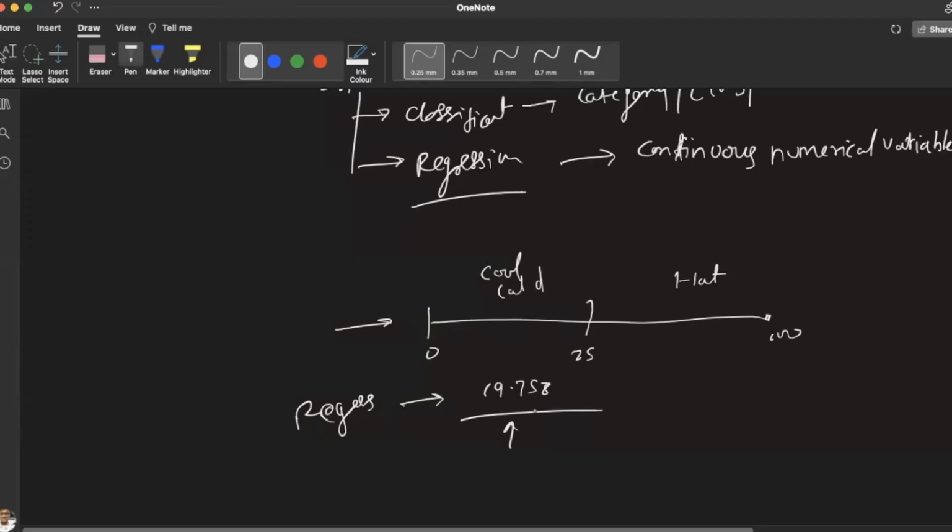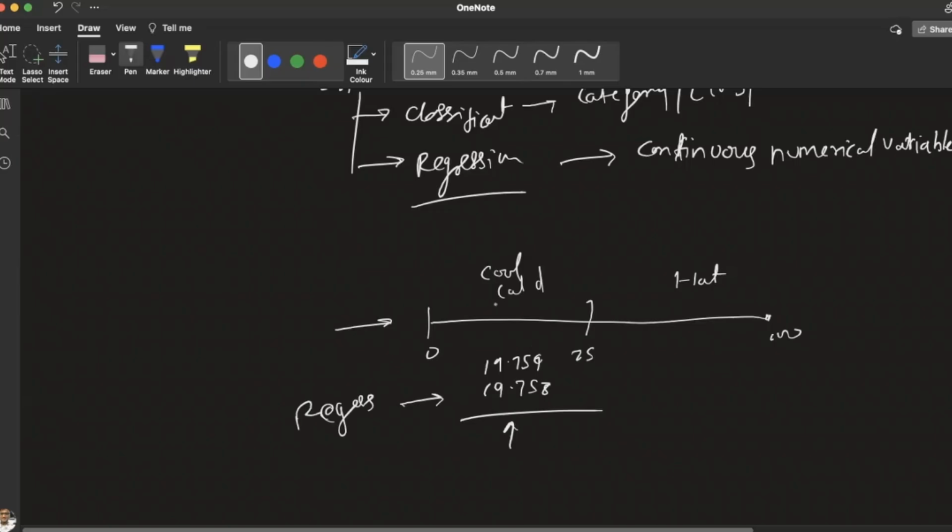This particular thing, hot or cold, is not a continuous numerical value. The thing that you are predicting could be anything between 0 to 100, and there can be a vast range as well. It could have been 19.757 or 7.9, anything in between, right? So that's why this is the regression task. But if you're predicting whether it's cold or hot, then that can be thought of as classification.